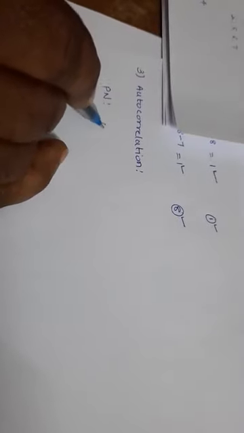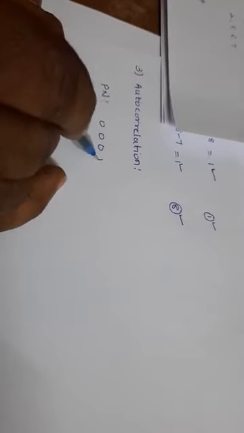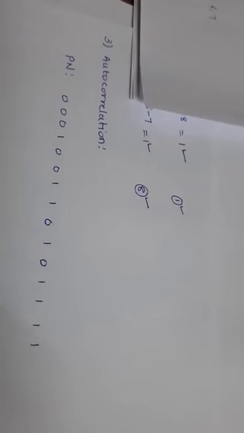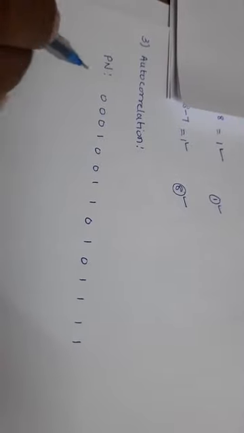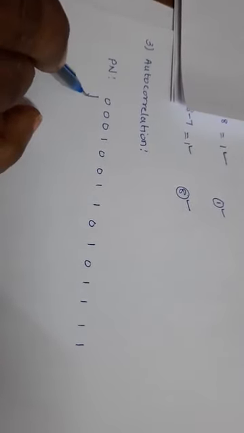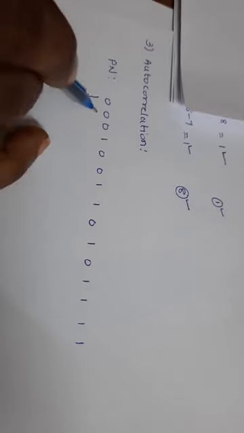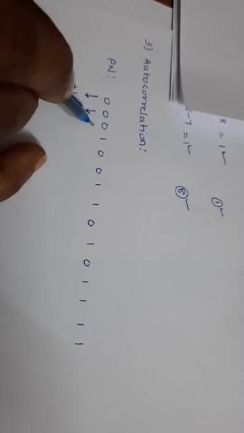So let us consider, again I'm taking the PN sequence, the same one. 3 zeros, then 1 0 0 1 1 0 1 0, and 4 ones. Now to explain the autocorrelation property, let us assume that the binary zeros I'm representing with +1 volts.